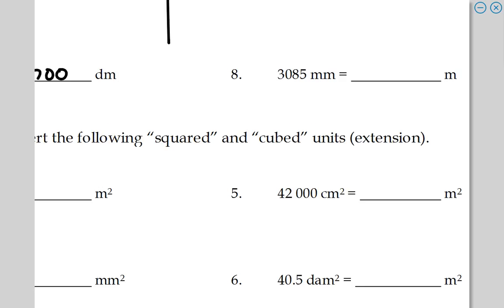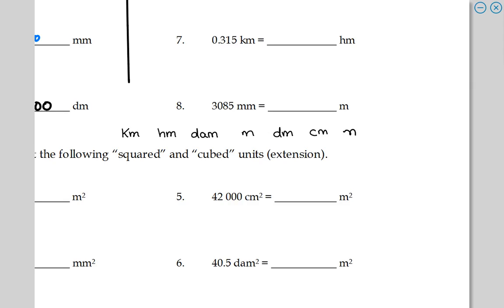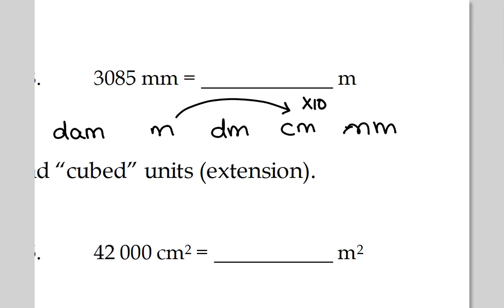So let's jot this down. km, hm, dam, m, dm, cm, and mm. For regular length, if I go, for example, meter to centimeter, that's 2 jumps. So I would times by 10 and then times by 10. That's what you do for regular length.